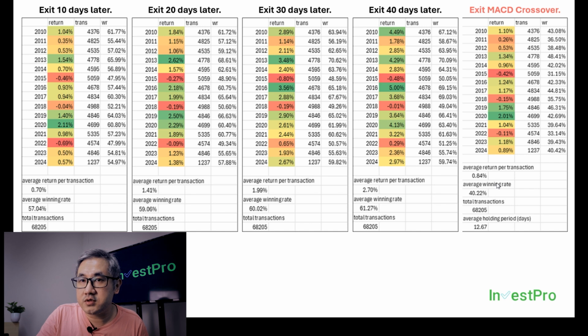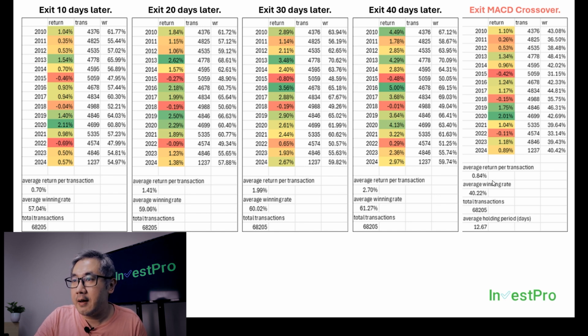But if you compare the winning rate here, apparently when you exit 10 days later, it has a better winning rate compared to the MACD crossover exits. All right, it's 57% over here and 40.22% for the MACD crossover. Now, for these two, I would say it's very hard to decide which is the winning technique.